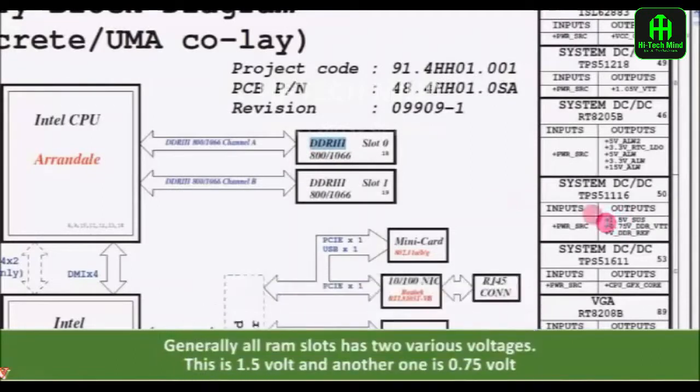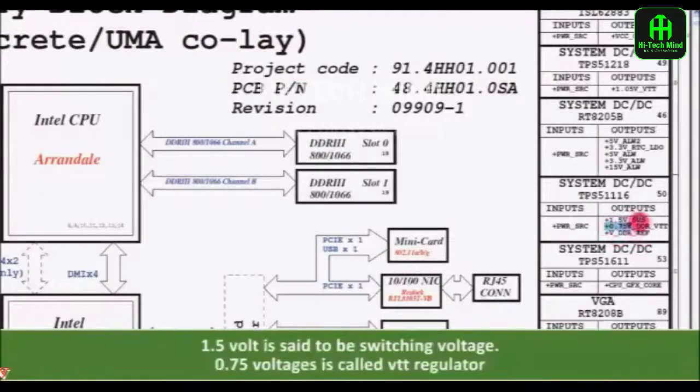Generally all RAM slots have two various voltages. This is 1.5 volt and another one is 0.75 volt. 1.5 volt is said to be the switching voltage and 0.75 volt is called the VTT regulator.